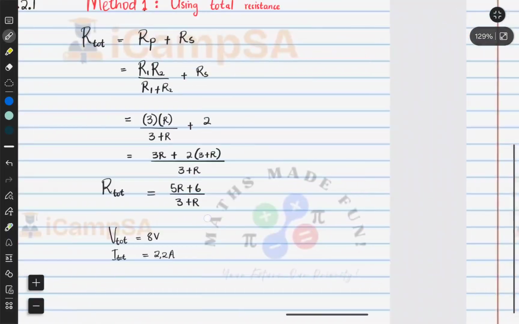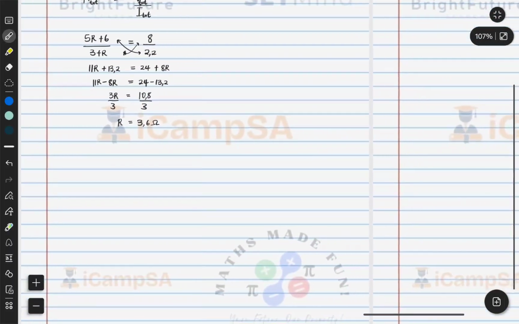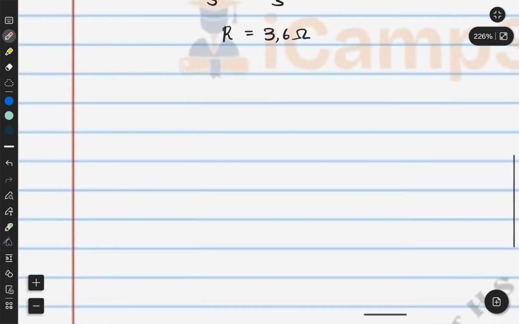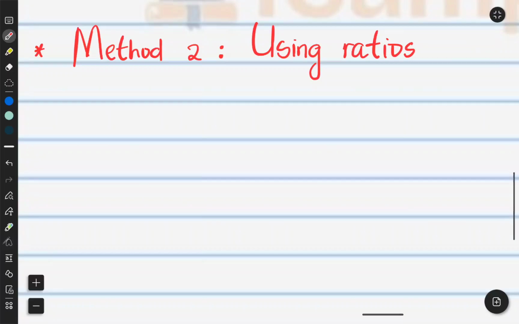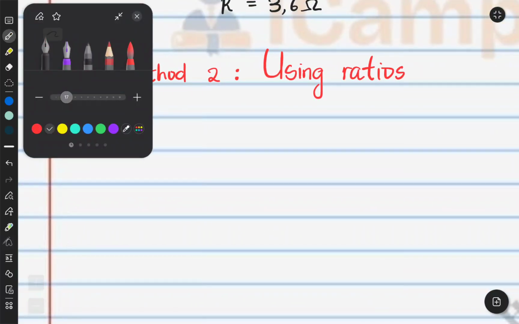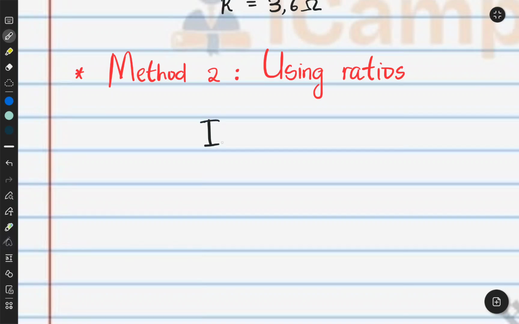So with method 2, using the ratio method, remember that method, right? Let's call it method 2. If you remember, with the ratio method, what we say is the ratio of my current in the first branch to my current in the second branch is the ratio of my resistance in the second branch to my resistance in the first branch.